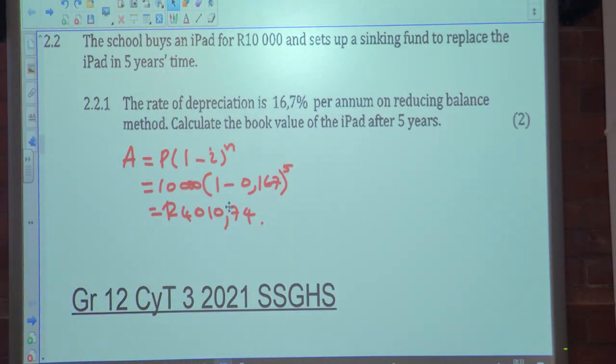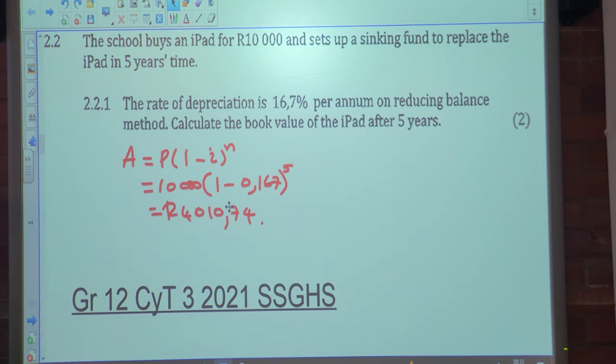I think for an iPad or a laptop or things like that, the better representation of the book value would be on a straight line basis, because who wants to buy a 5-year-old iPad at that price? You know what I'm saying? Or a 5-year-old computer, it wouldn't make sense.